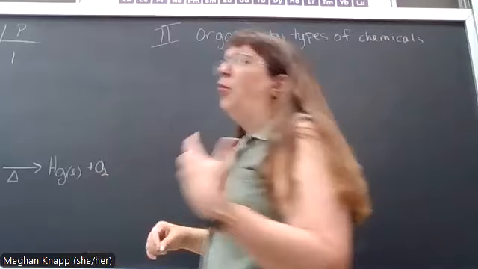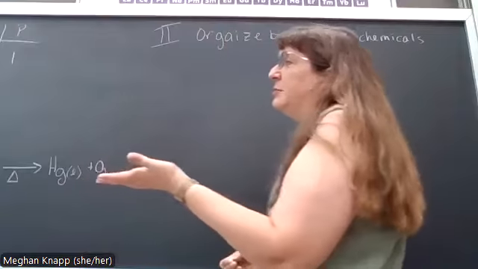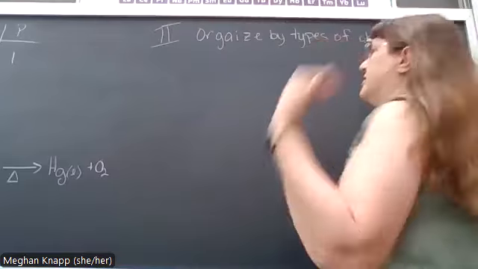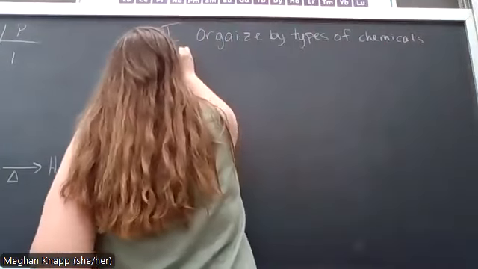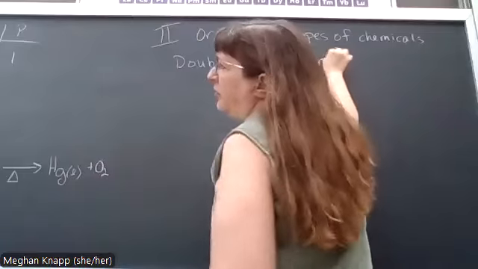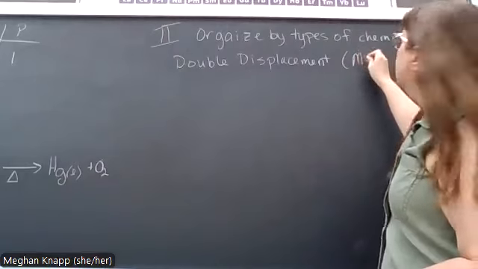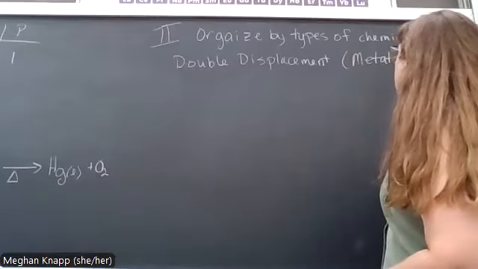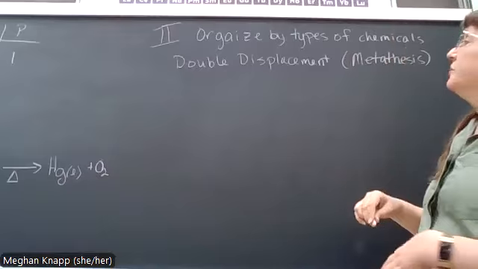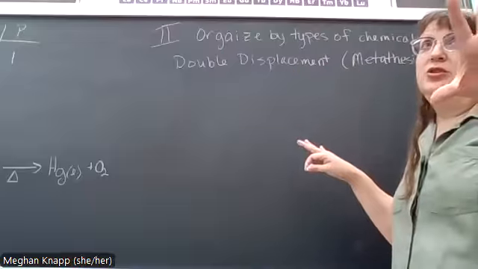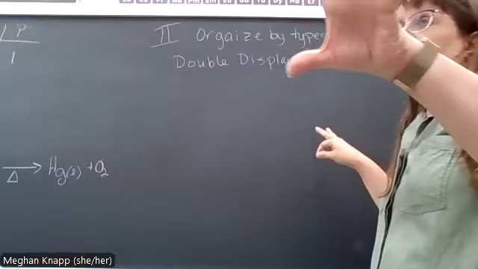So we have one major group that just doesn't change, and that's our double displacement, but that's where we divide it into the precipitation and the neutralization. Sometimes you see the word metathesis as another name for a double displacement reaction. So this is the method where you really separate into precipitation versus neutralization.